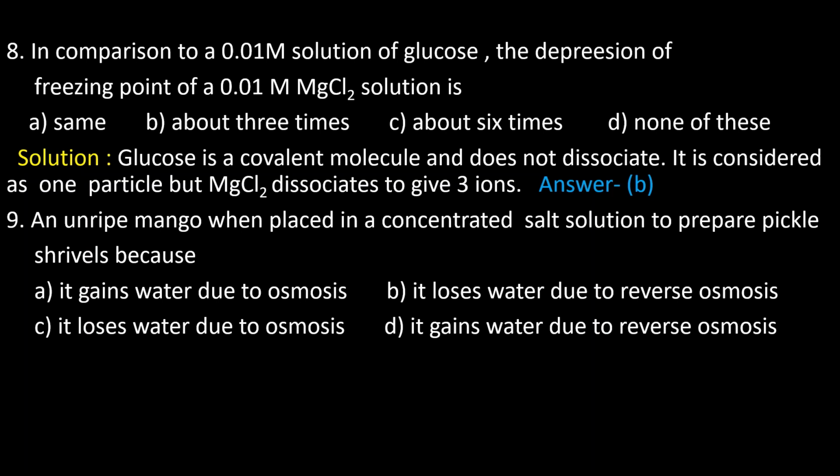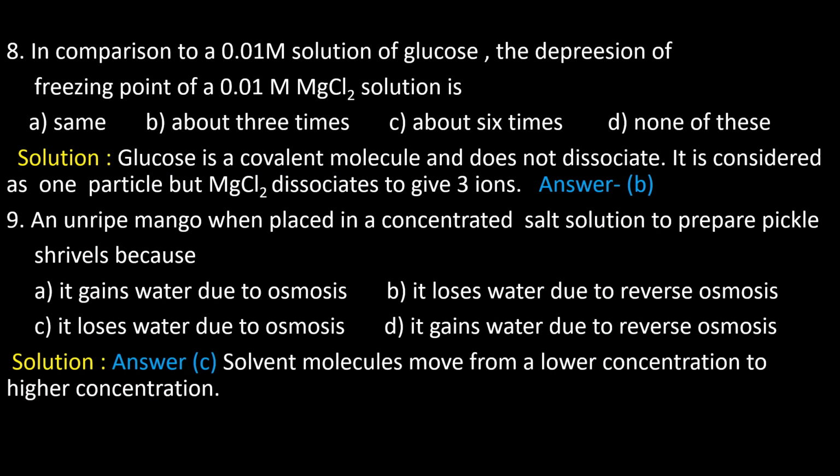Dear friends, when the solutions are separated by a semi-permeable membrane, the solvent molecules will move from lower concentration to higher concentration. So here the mango is placed in a concentrated salt solution. So in that case, the solvent molecules will move from lower concentration to higher concentration.